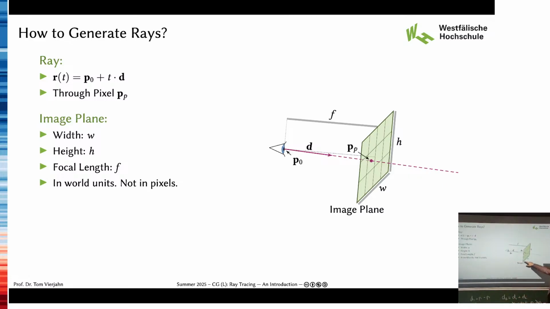This is the width of the image plane. That is the height of the image plane. And that is the focal length of the image plane, or of the camera. Brennweite in German. The focal length tells you the distance between the eye and the image plane.